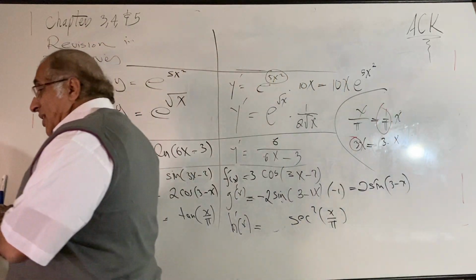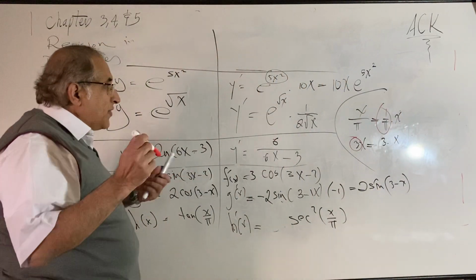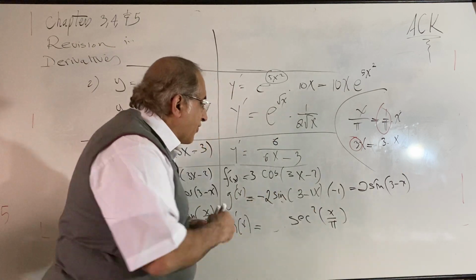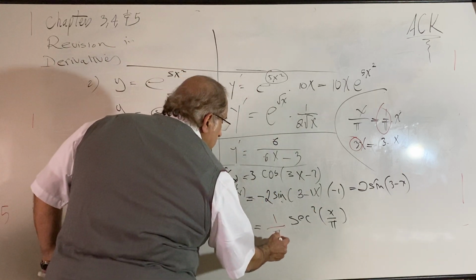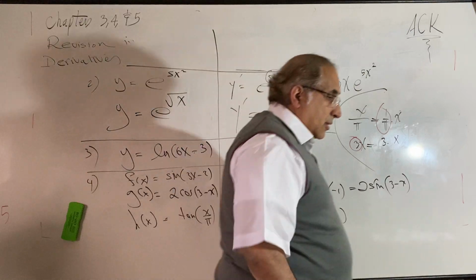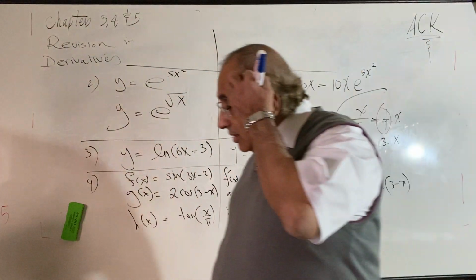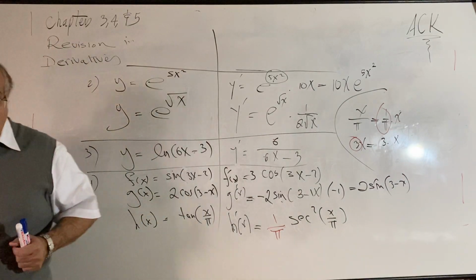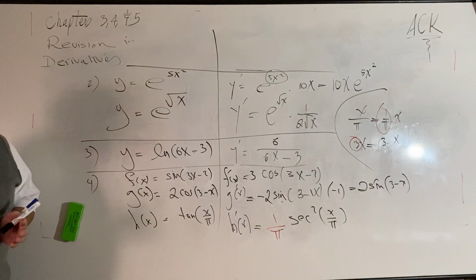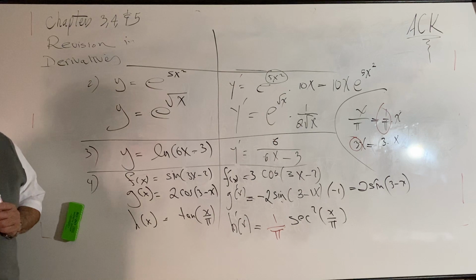So remember how you see it. Why did I teach this? Because the derivative of that is 1 over pi. All right? So what I did so far, you have all the basics you need for this course.